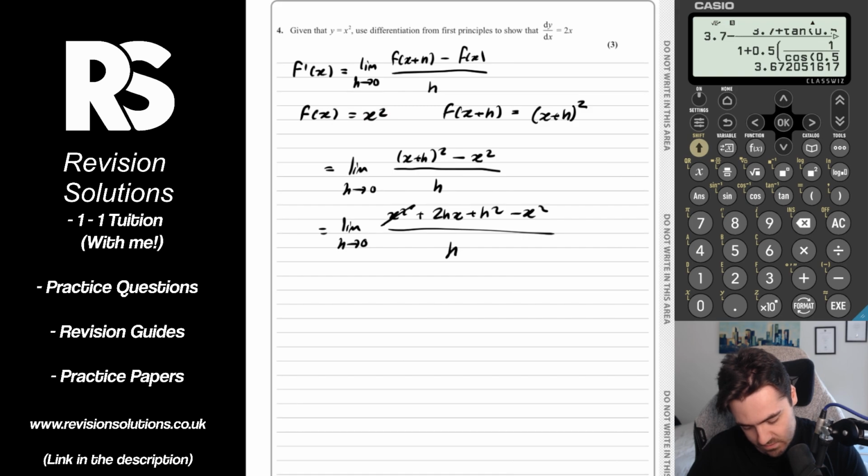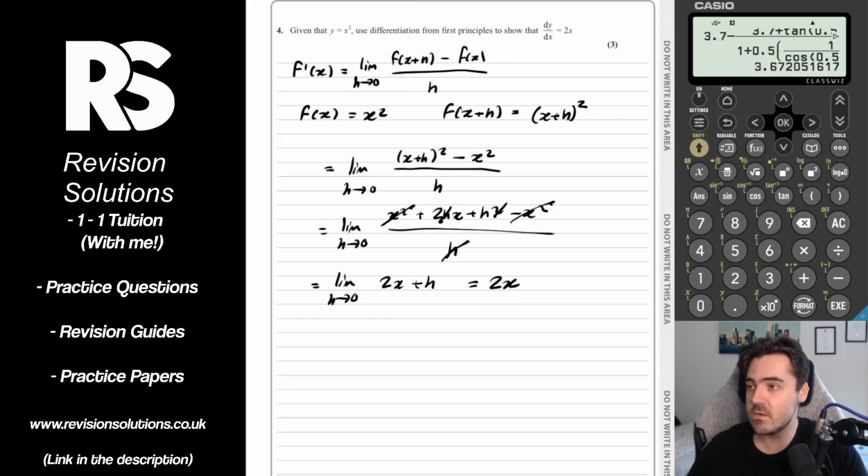This x squared goes with this. And then everything that's left has a factor of h, so we can cancel off the h from here, 1 from here, and this guy here. So we're left with the limit as h tends to 0 of 2x plus h. Well, if h is 0 here, it's obviously just going to leave us with 2x, which completes the derivation.